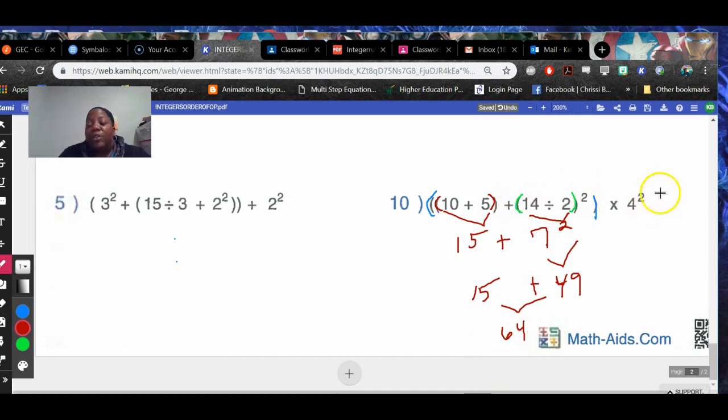There you go. But don't forget, you still have this. Bring it down. 64 times 4 squared. What part would you do next? That would be the 4 squared, which is 4 times 4. So that is 16. Okay? And that means we'll multiply that 16 with the 64. Right?